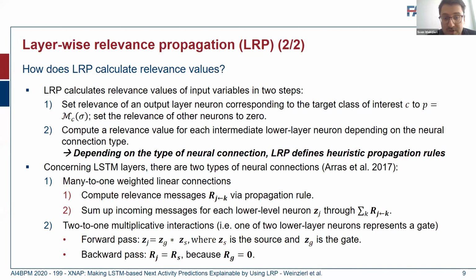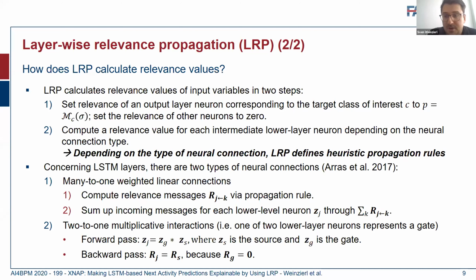And depending on the type of neural connection, LRP defines some heuristic propagation rules. Keep in mind, if you speak about an LSTM, it is not an LSTM at all. We have an input layer, we have an LSTM layer. This LSTM layer has an LSTM cell, a physical cell that is unfolded over time.